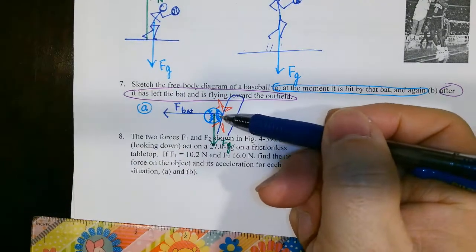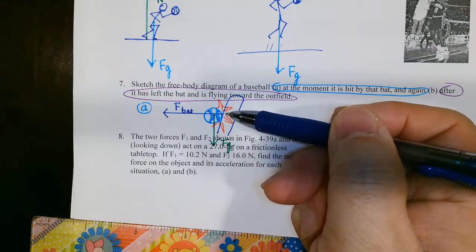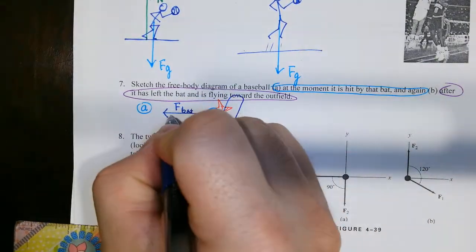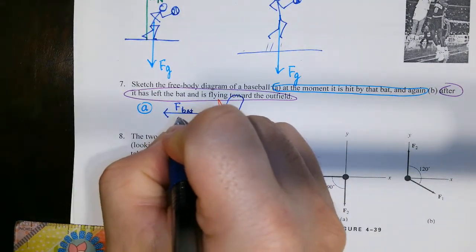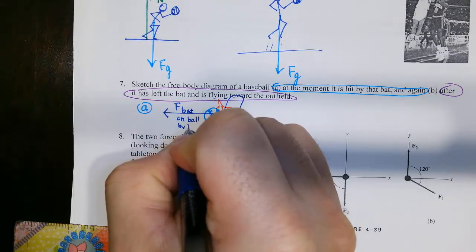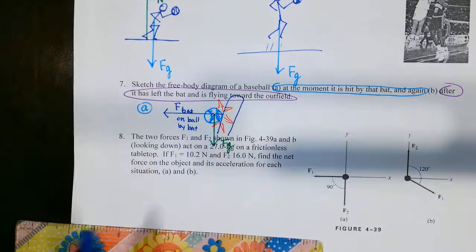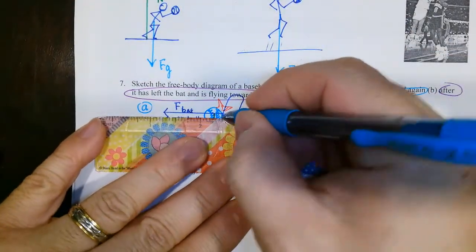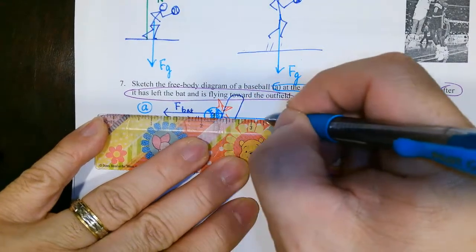This is actually the normal force on the ball by the bat. Then you have force normal on bat by ball.